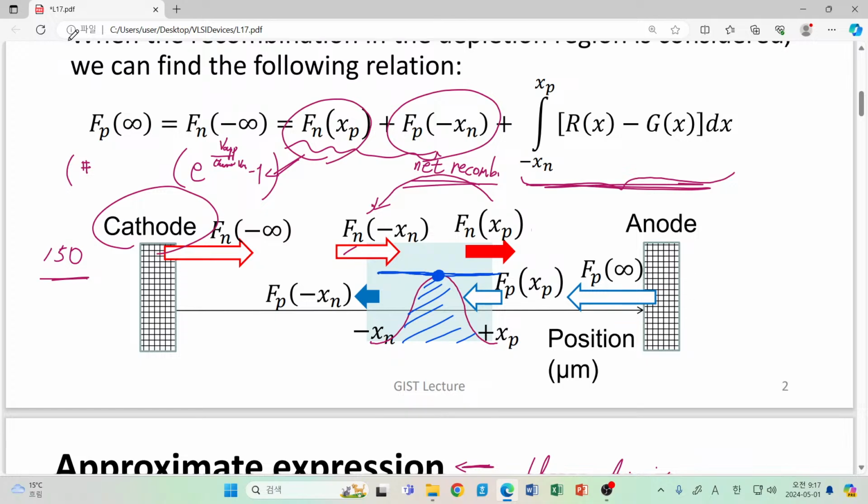Then you can easily understand our calculation will overestimate the value obtained from the exact integration, but it doesn't matter, because what we want to do is just to see the functional form of our net recombination rate. Okay, are you with me?